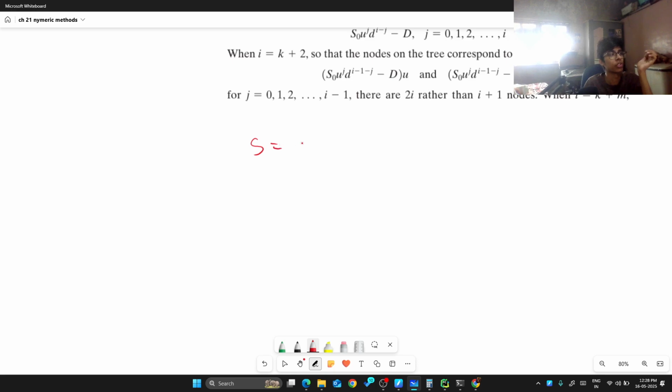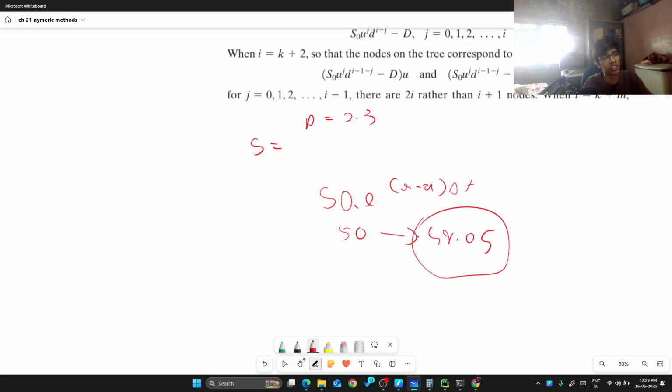We know the dividend was 2.3%, then we discount it, S0 e to the power minus (r minus q) into delta t, and let's say it is 50, and after discount it is 49.05, and then we will start our graph from 49.05 with the stock price, and that's the simple logic behind it.